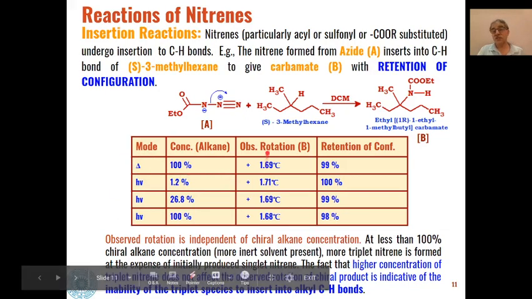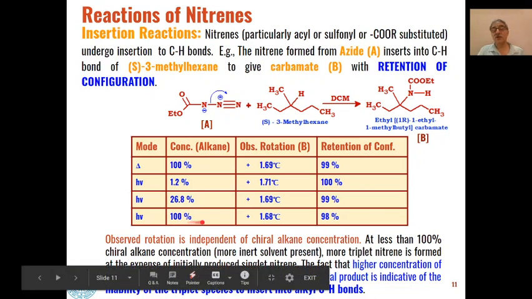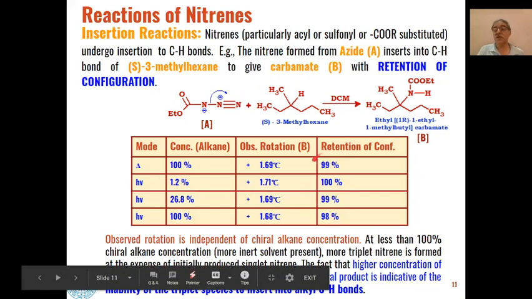So you can see that the observed rotation is almost the same whether the concentration was 100% or 1.2%, 26.8%, photochemically, or 100% in a thermal reaction, and in all the cases the retention of configuration is also about 100%.